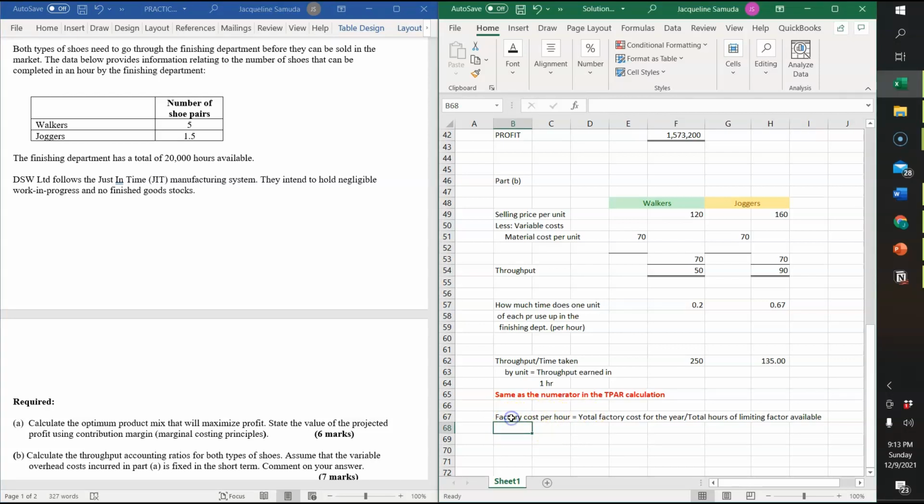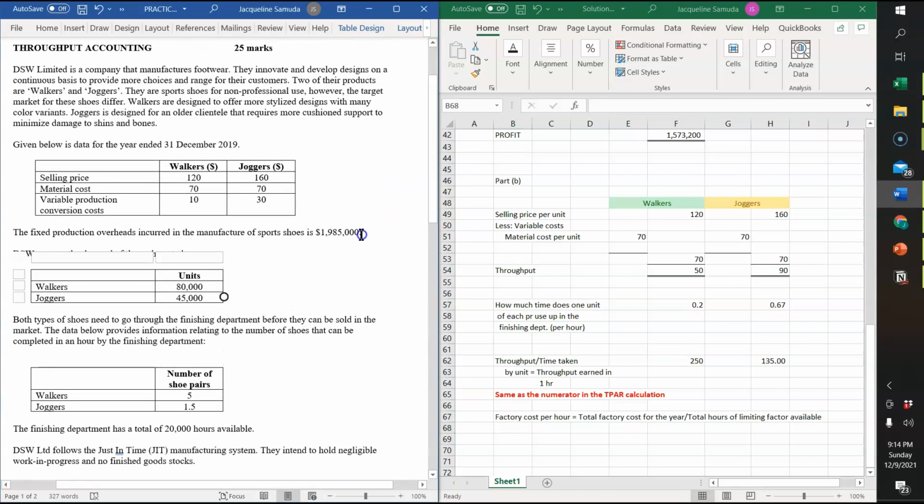But the top part, the total factory cost for the year, will include two pieces of data. As I've said before, the fixed production overheads, as well as a portion of the variable production conversion cost. So let's get that out of the way.